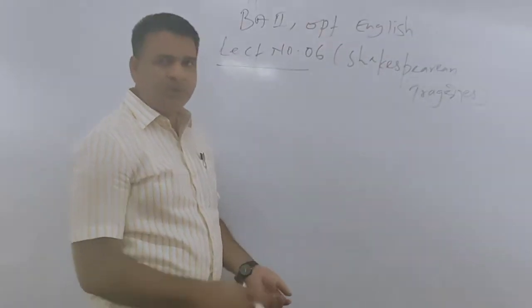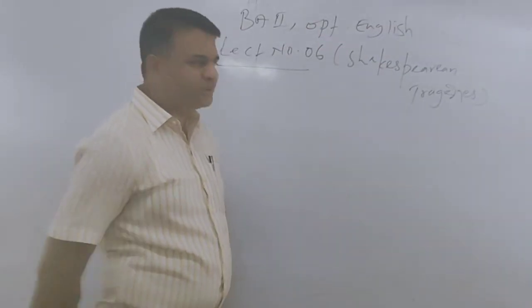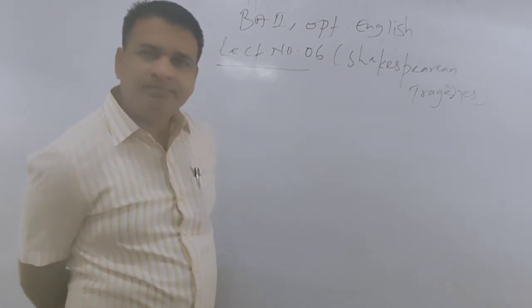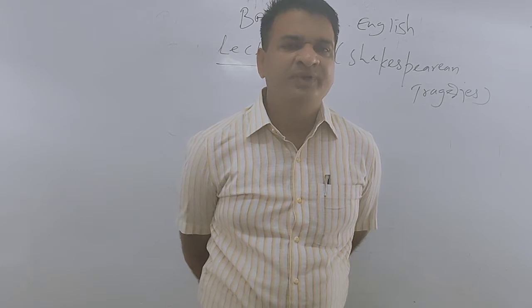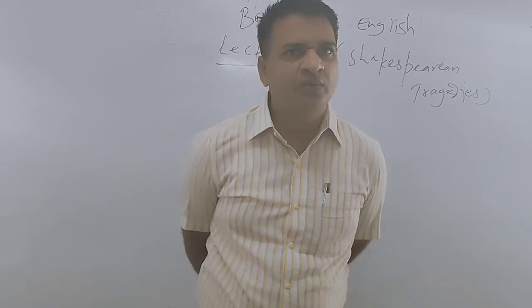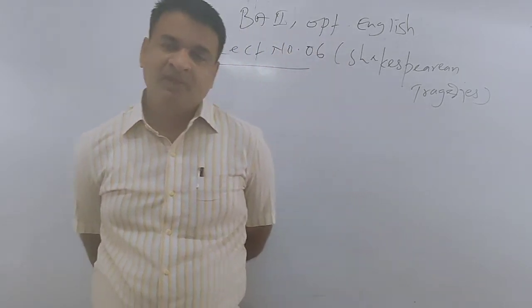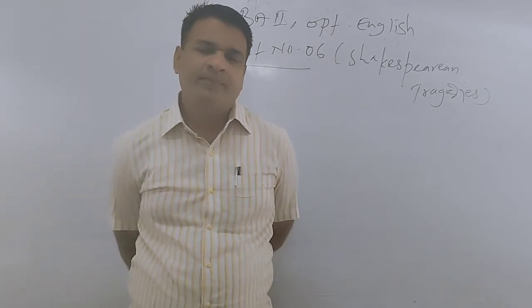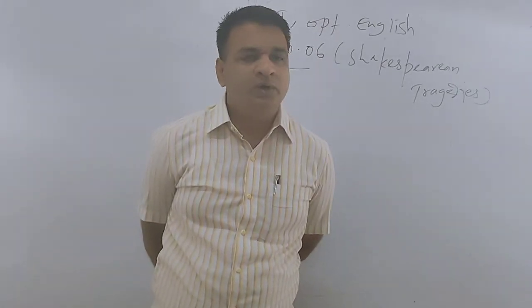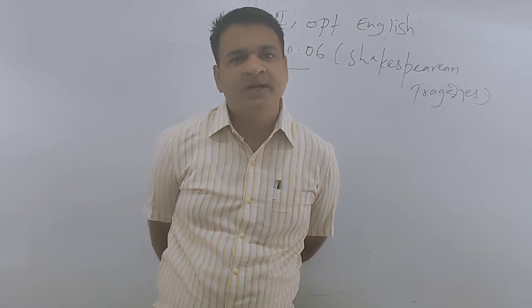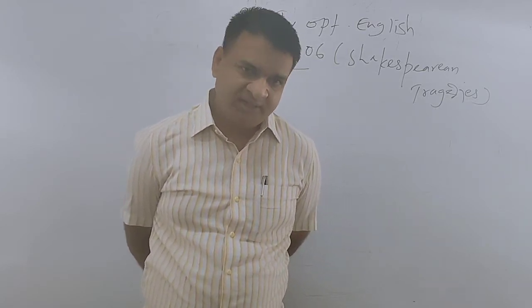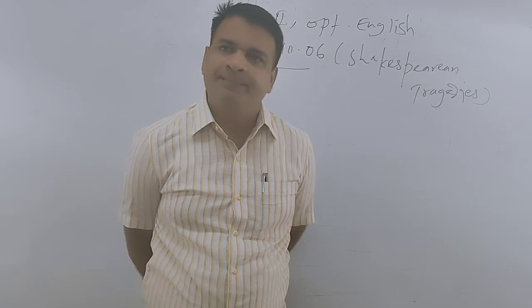Now, today, we are going to discuss some plays which are a blend, a mixture of tragic and comic. This type of play we have a lot by Shakespeare. Some are comedies, some are tragedies, some are tragic comic, that I am going to discuss today.